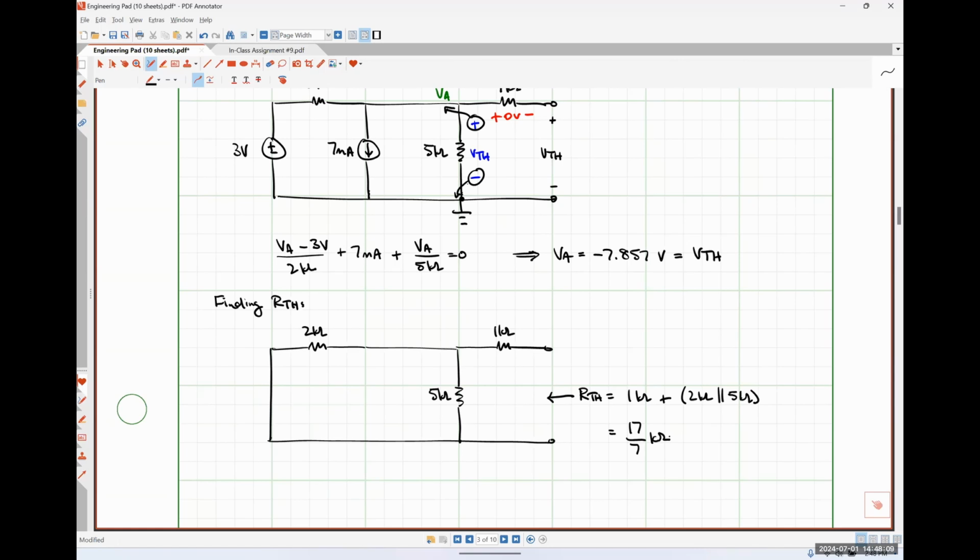I had a theoretical question. Sure. So let's say you completed the circuit between those two terminals. Mm-hmm. And let's say we had a terminal at the intersection point above the 5 kiloohm resistor and below it. And we were asked to find the Thevenin equivalent between those two terminals. How would you break up this circuit?